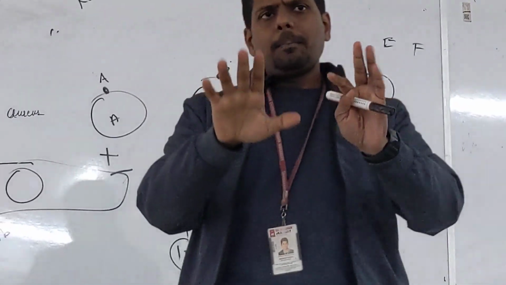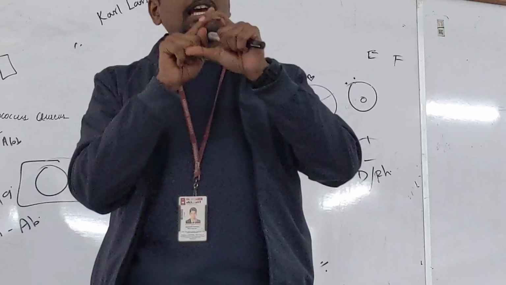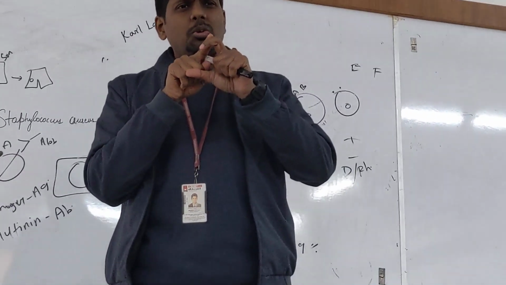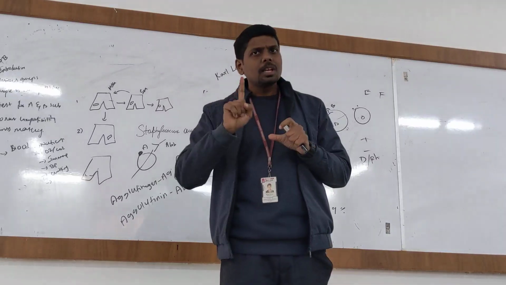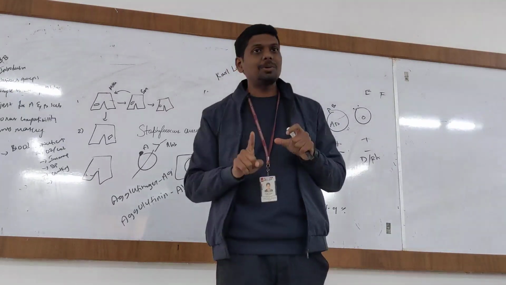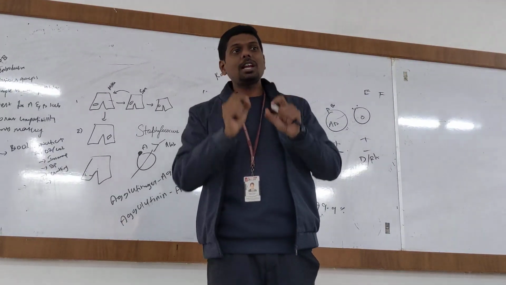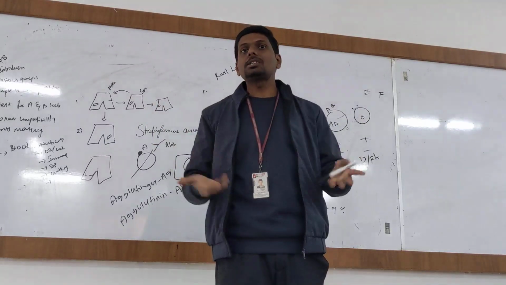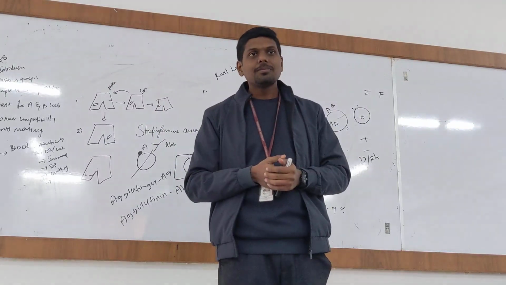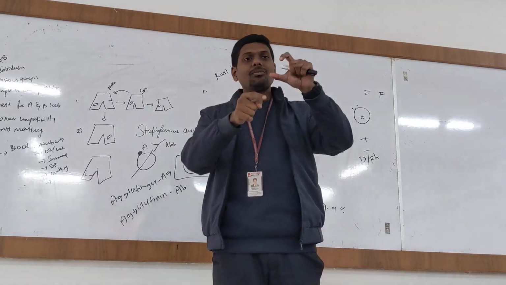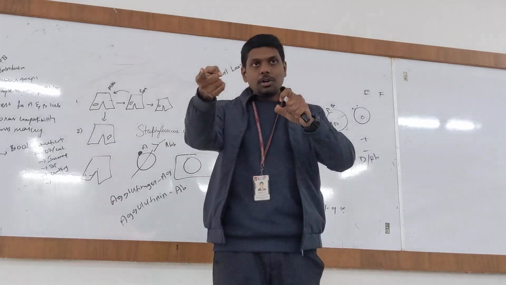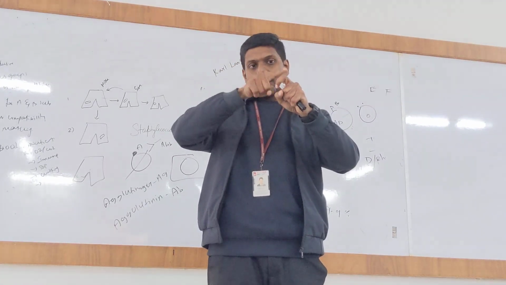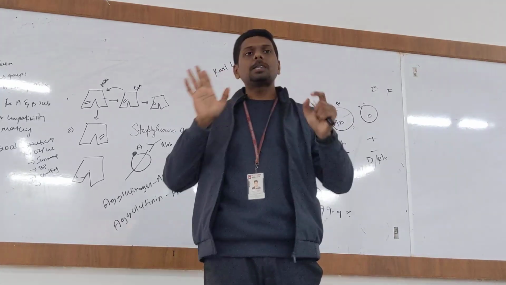So ideally, if a red blood cell has an A antigen, will that person have A antibodies in his plasma? Never. If he had A antibodies, he would destroy his own blood. That is the statement: if a particular agglutinogen is present on the red blood cell, the corresponding antibody, that means the A antibody, must be absent.